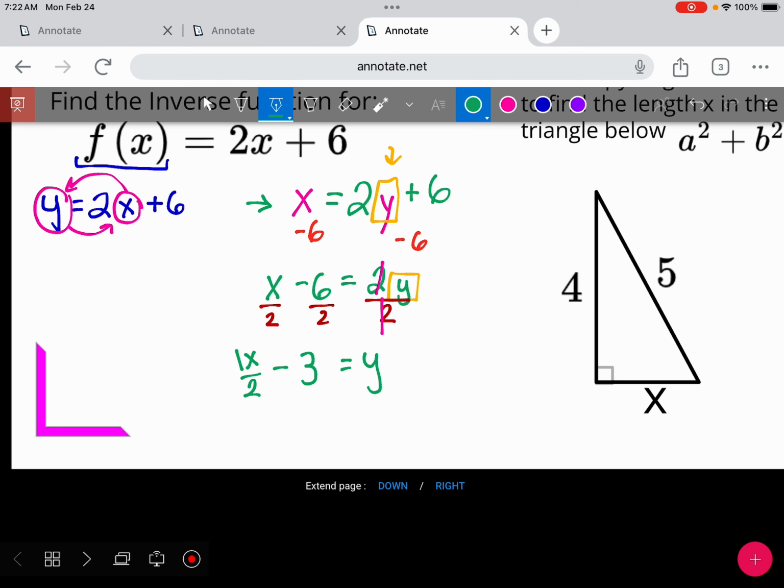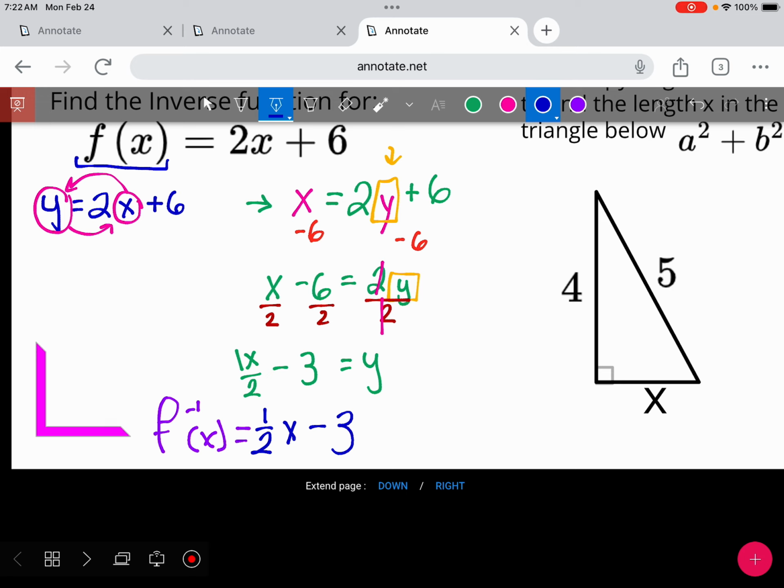So our inverse, we're going to put it back in function notation where we made our f, but we took it and flipped it on its head. So it is the inverse of f of x. You can put it as 1/2 x minus 3. That is also okay.